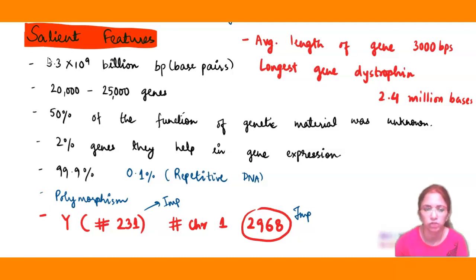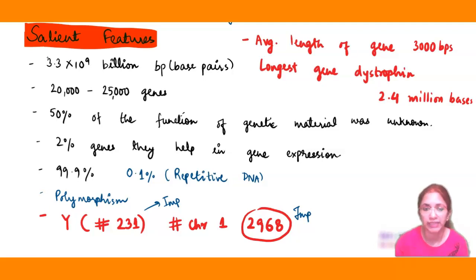Only 2% of the genes help in gene expression. We are similar to each other in 99.9%, and we vary by just 0.1% because that is the repetitive DNA that varies from me to you. That is why we call it polymorphism.